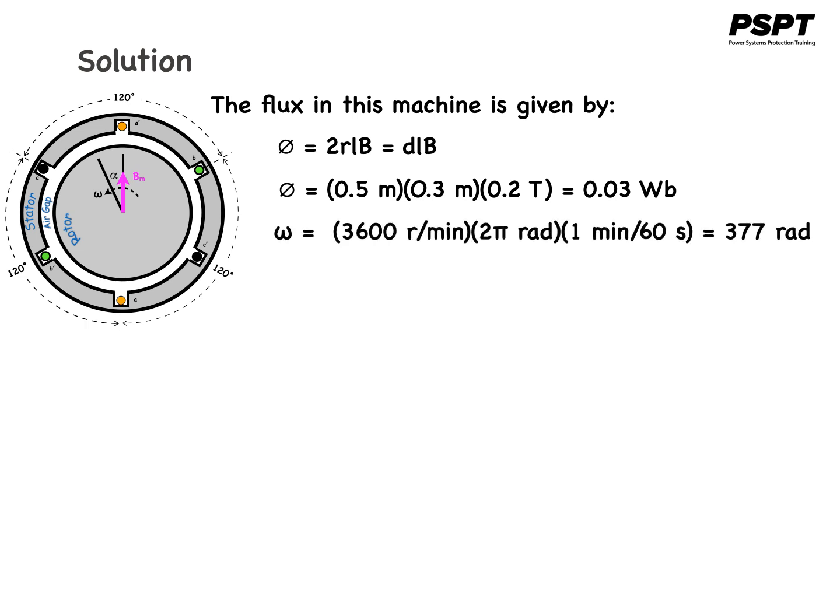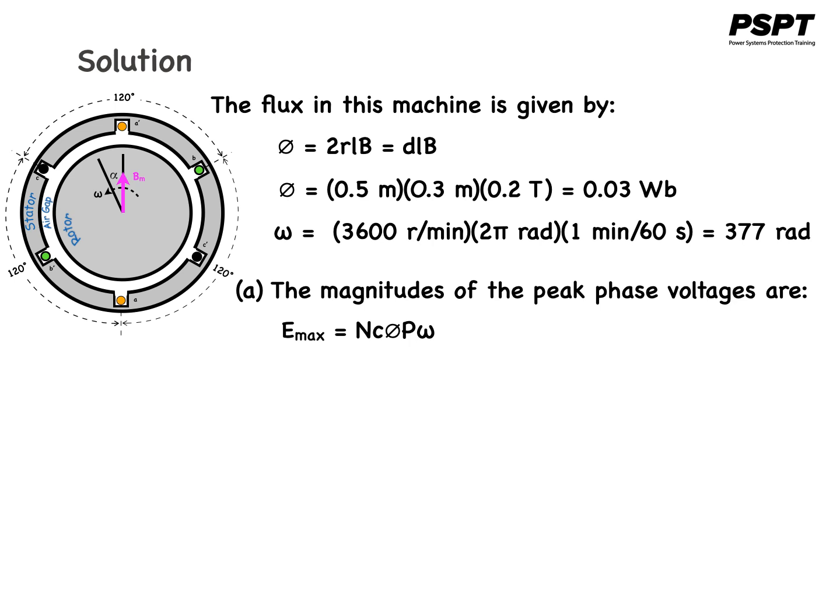The speed of the rotor is given by omega, which is equal to 3600 RPM times 2 pi radians, all divided by 60 to convert the minutes to seconds, which equals 377 radians per second. The magnitude of the peak phase voltage is given by Emax equals NC phi P omega, where P is the number of poles.